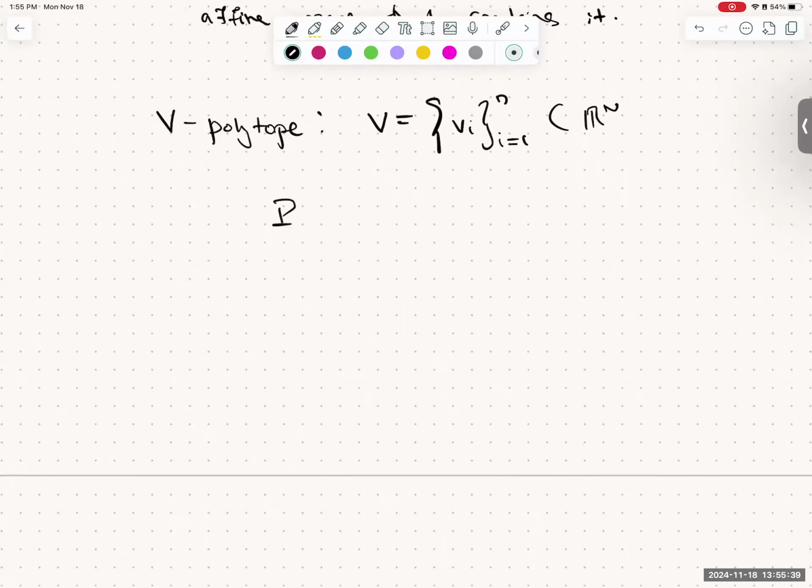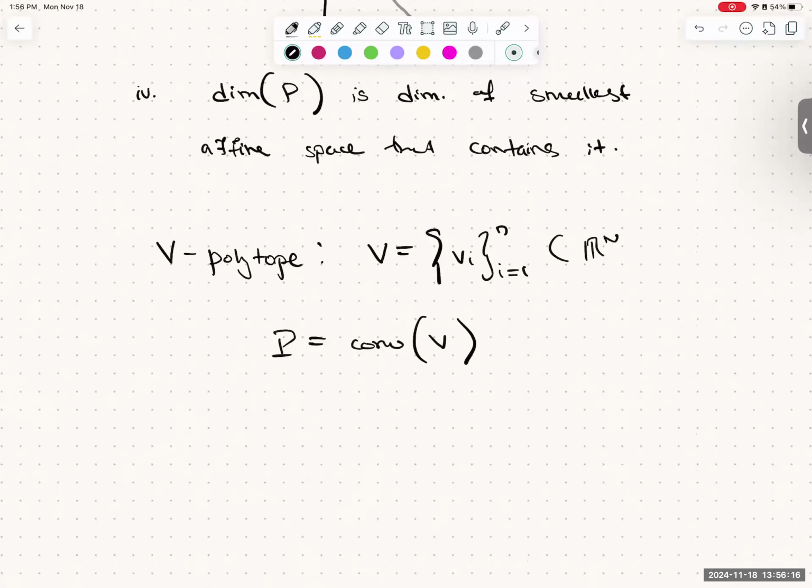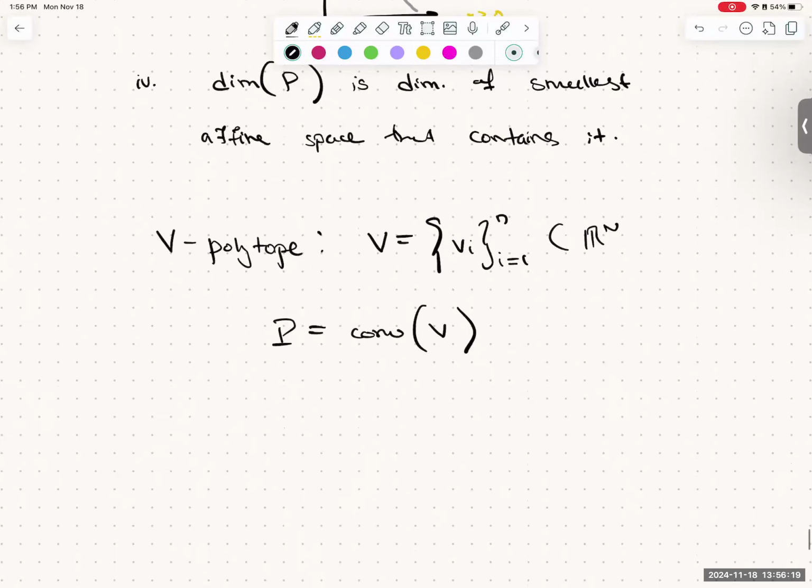Then a V polyhedron is precisely the convex hull of P. Is this okay? I think you defined convex abstractly before. Here, this is a much more concrete definition. For any 2 points in the polytope, you also contain the convex line between them. So it suffices to restrict our attention to the extreme points. Okay, I think this is okay.